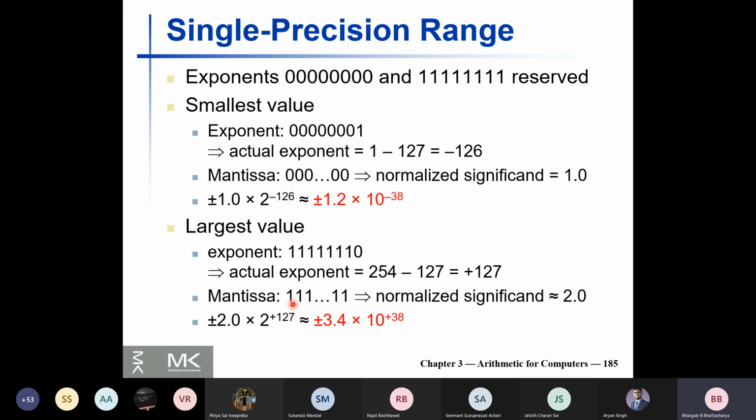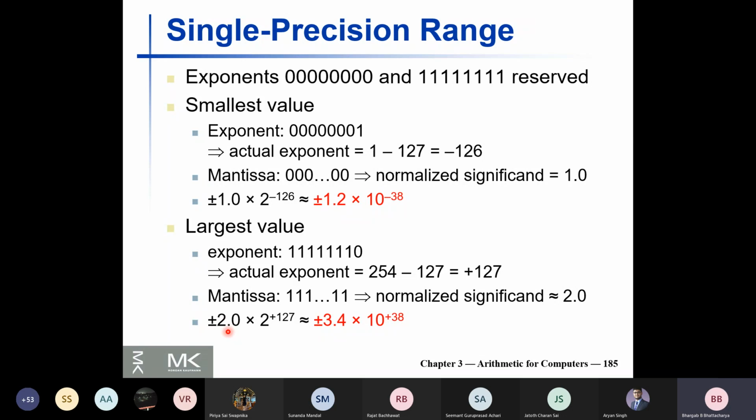And all the 23 bits of the mantissa could be filled with all 1. So this means 1 point and then all ones, right? It is very close to 2.0. It's slightly smaller than 2.0, that is, 2.0 minus 2 to the power minus 23. So this is the largest value you can represent.